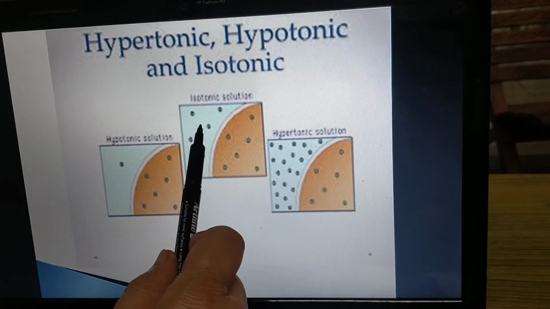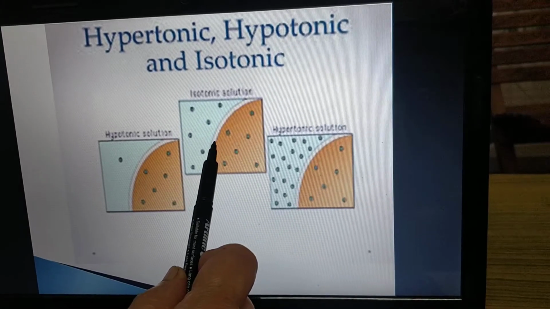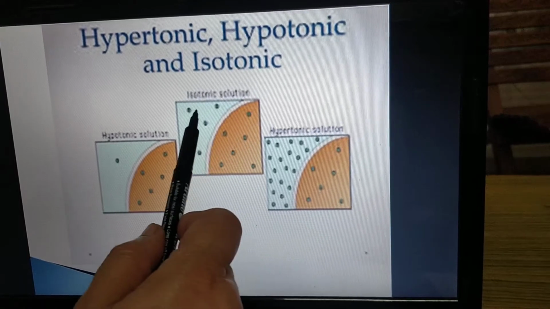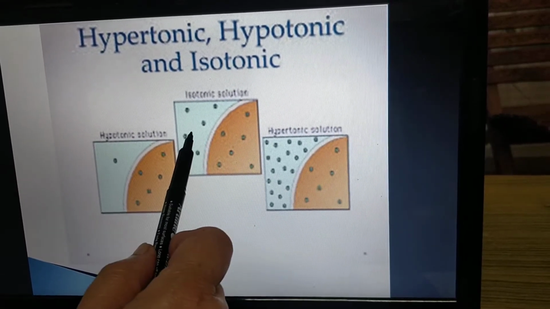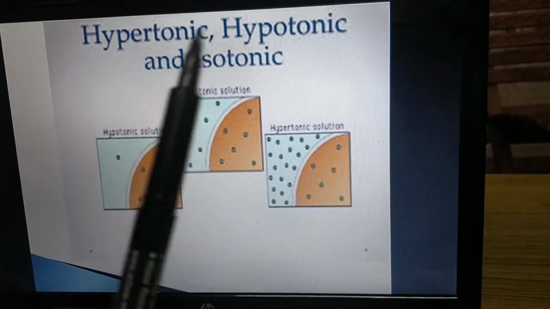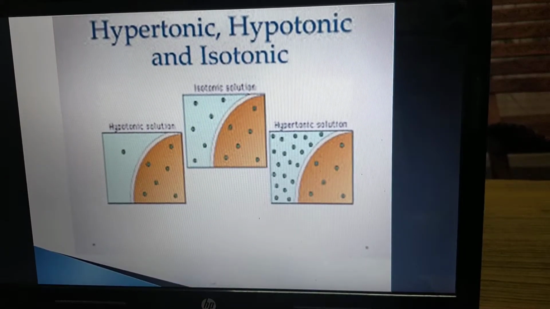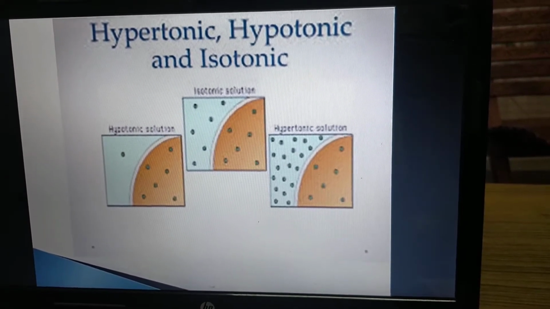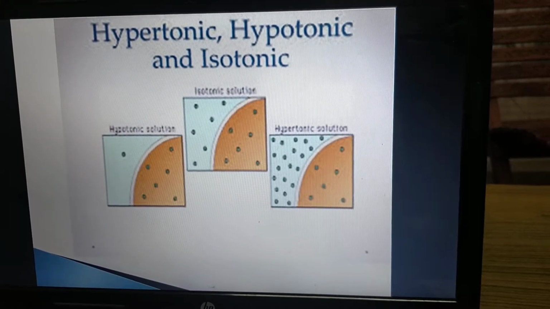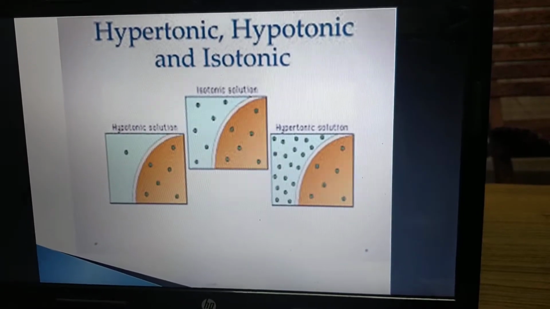So when the outer solution has the same concentration as the cell, then movement of water will occur, but it will occur on both sides, inside to outside, outside to inside equally, but there is no net movement of water molecules, and this outer solution is called isotonic. Tonic means concentration, iso means same. So it has the same concentration, and so no net movement of water occurs.